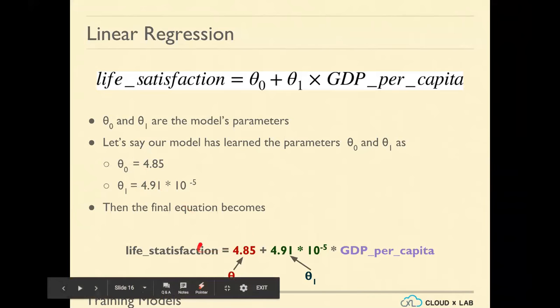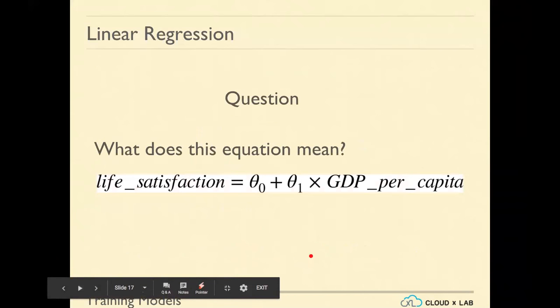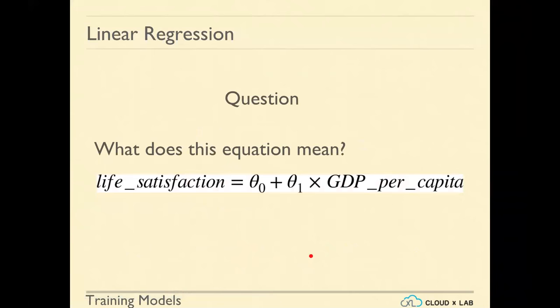Let us say after a while we realize that life satisfaction equals this much plus this much into GDP per capita, then this is our final equation. Quick question to all, what does this equation mean? Life satisfaction equals theta 0 plus theta 1 into GDP per capita.